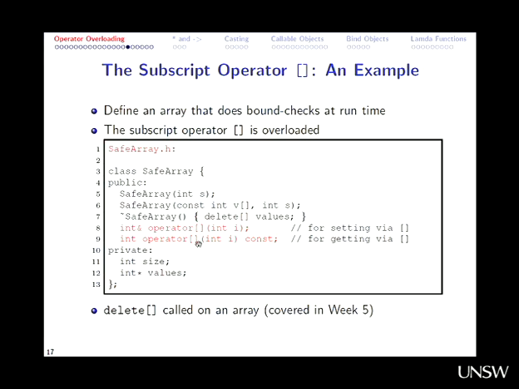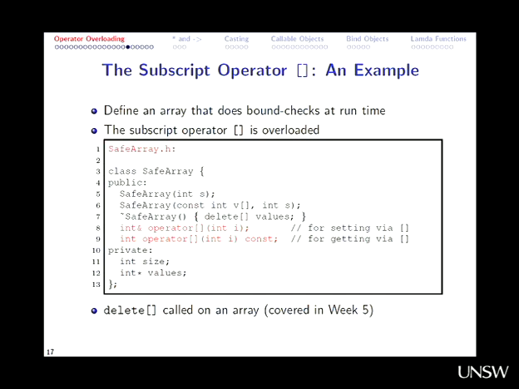The non-const version returns an int, which is a value, or as we learned previously, an R value reference. There are 2 overloads for the subscript operator. The top one is not const because it allows you to set. The bottom one is const because it allows you to get.